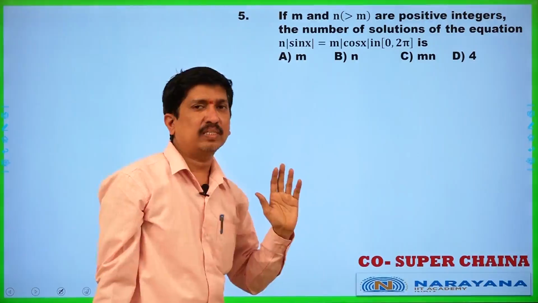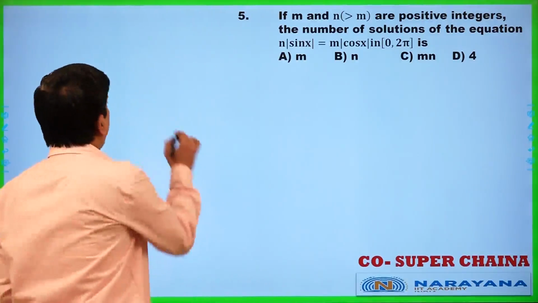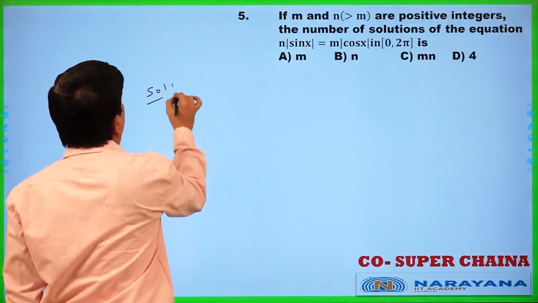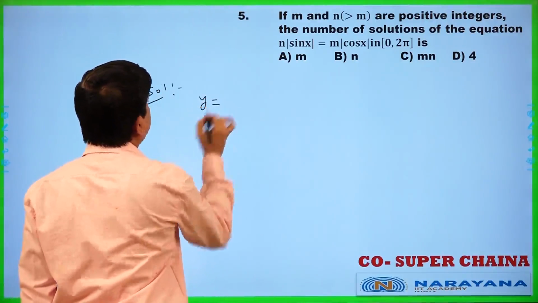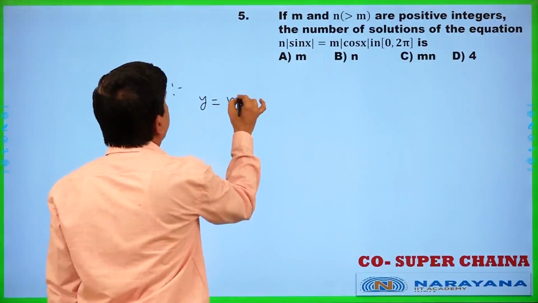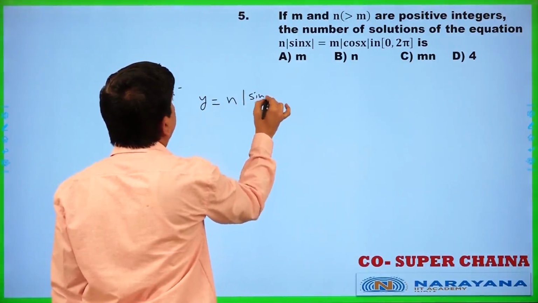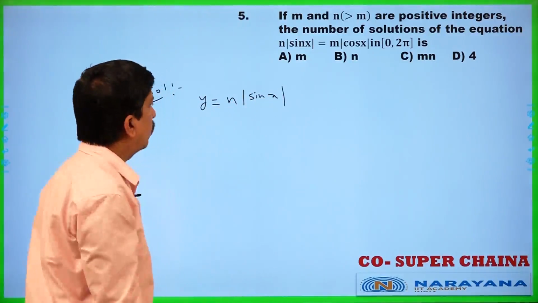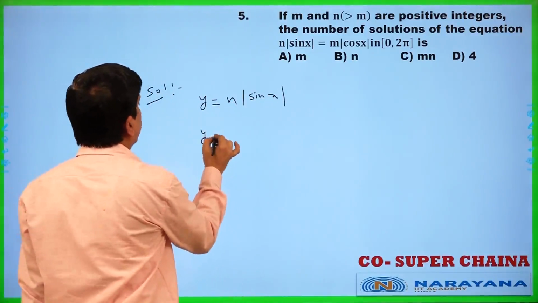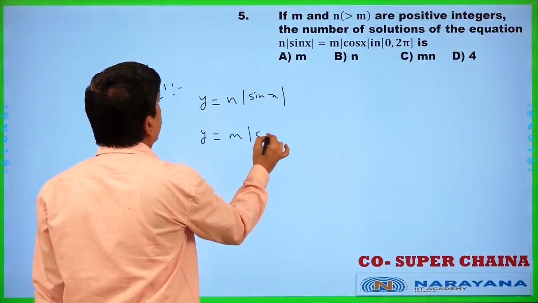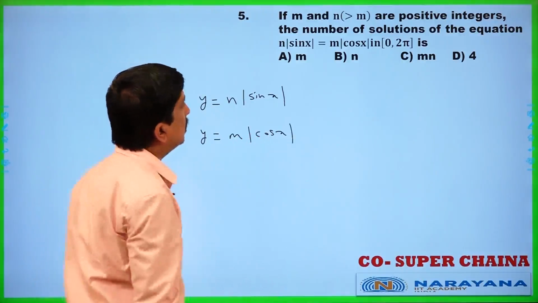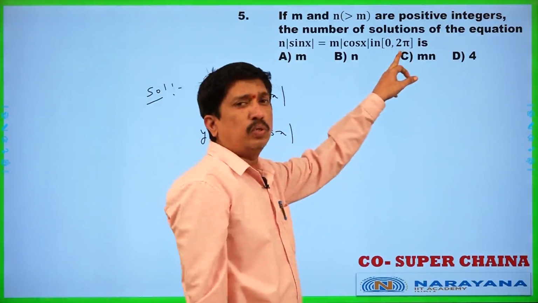Let us discuss the graph. One function is y = n|sin x| only. The other function is y = m|cos x| only, and this is in the closed interval 0 to 2 pi.